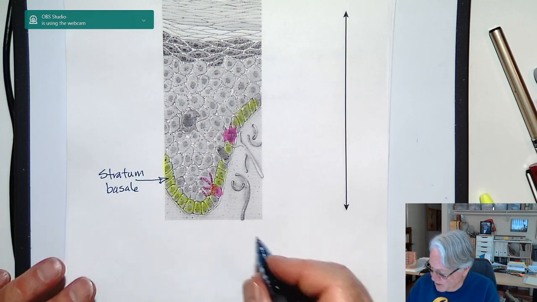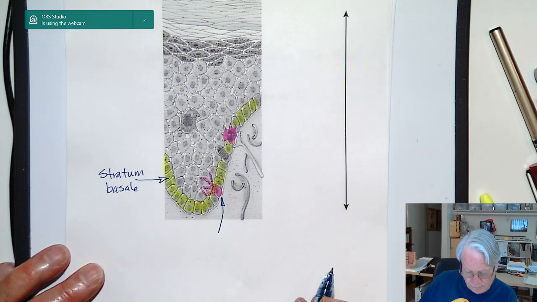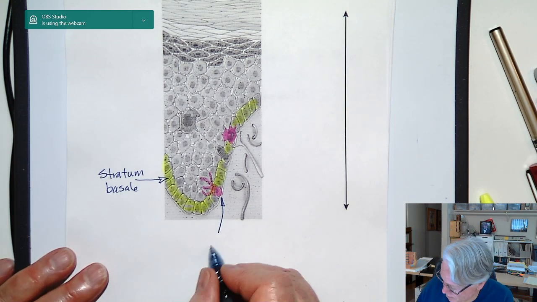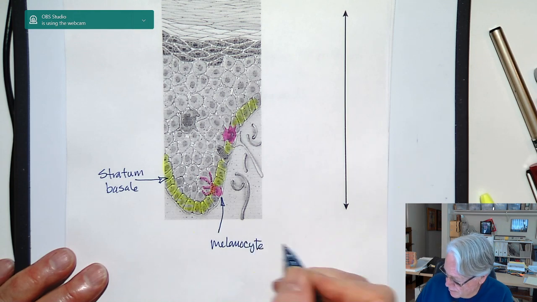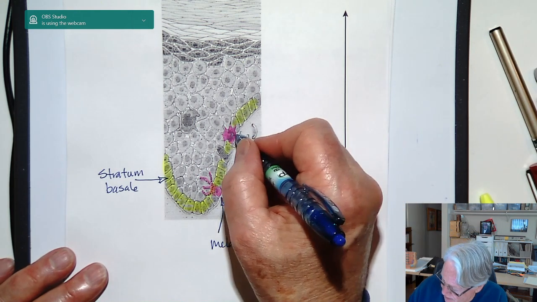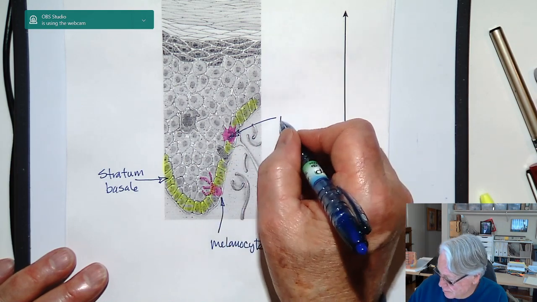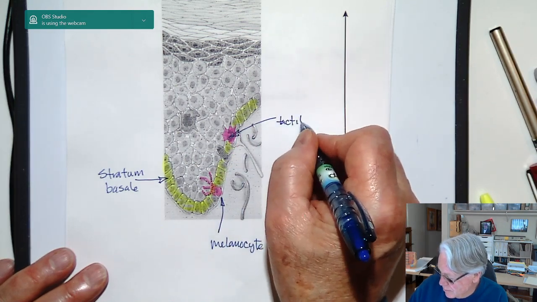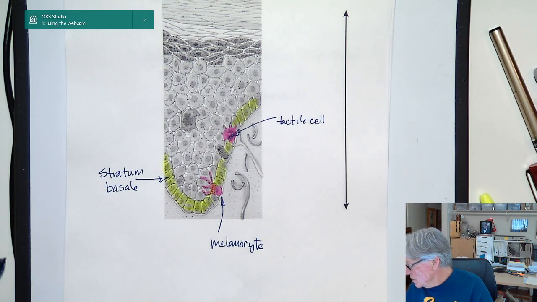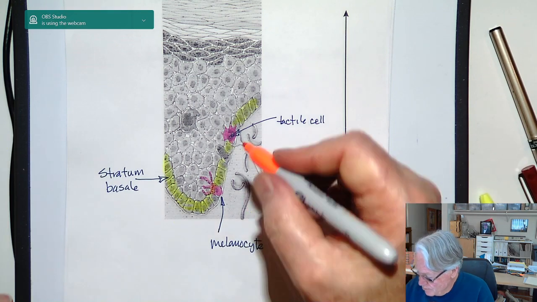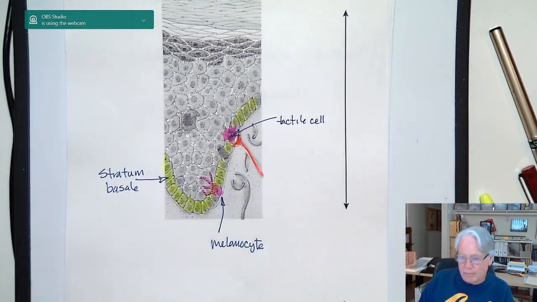And we have the melanocyte. And we have the tactile cell. And associated with that tactile cell, as you can see, is our nerve.